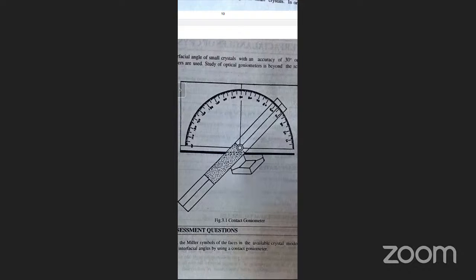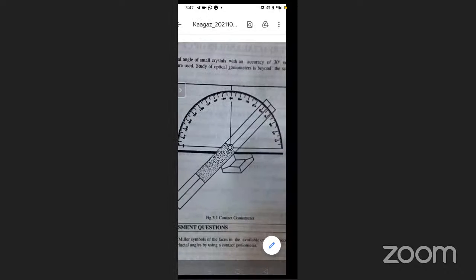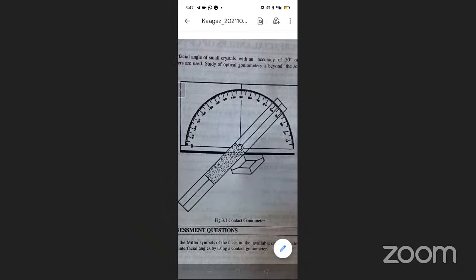It is useful to determine the interfacial angle between a pair of faces, whether it is a real crystal, an ideal crystal, or a model crystal.